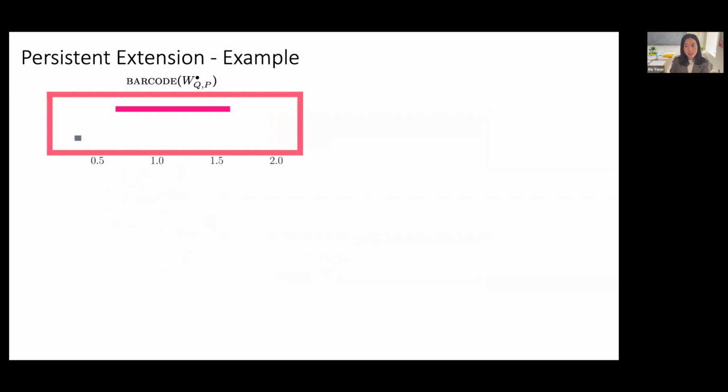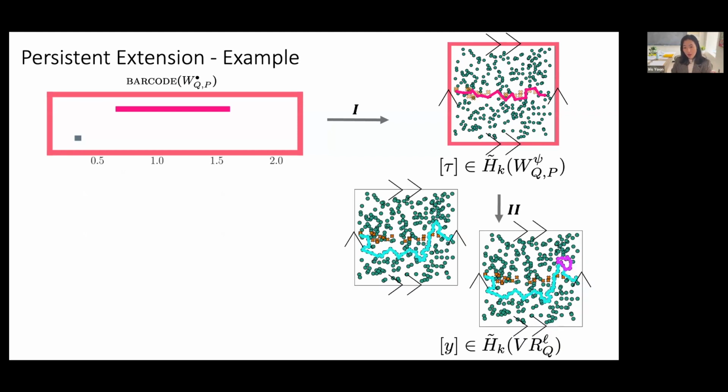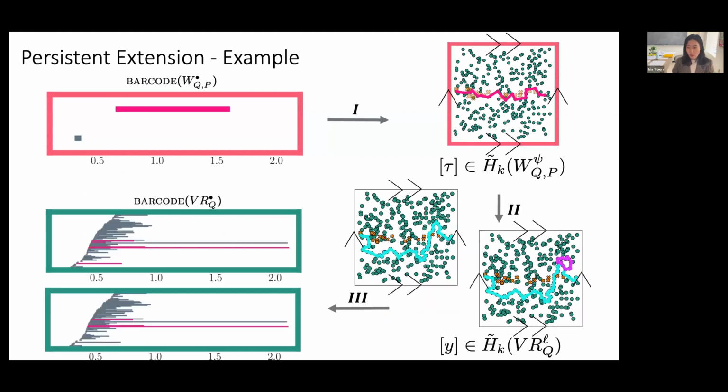If we use the persistent extension method, the homology class that represents this highlighted bar is going to be this horizontal S1. When you find the corresponding homology classes in the Vietoris-Rips complex, they are also going to be the horizontal S1s as well. And these are going to be their barcode representations.